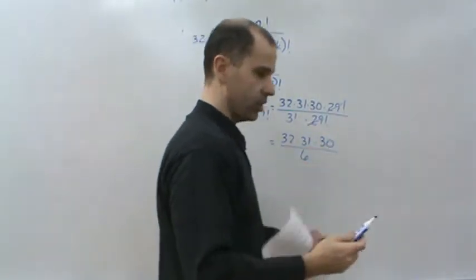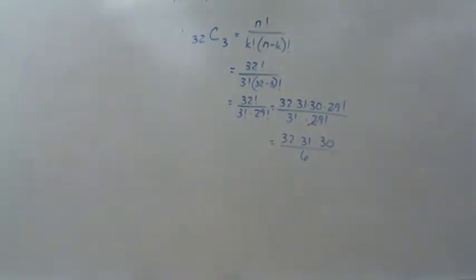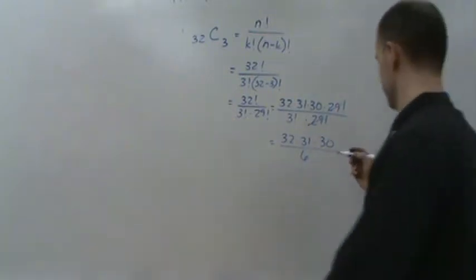divided by 6. So how many possible ways can I choose 3 people out of the 32 to go to a conference? Well, it's just going to be 4,960.